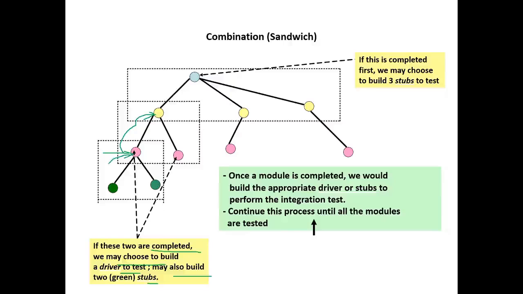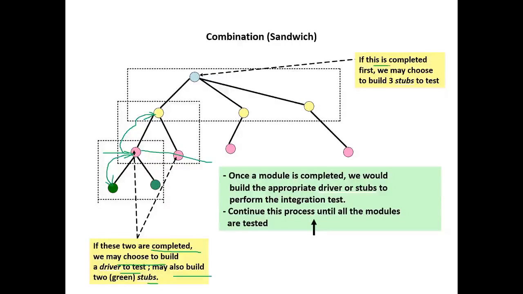It can also use stubs for downstream connectivity. So if these middle modules are ready for testing, it can use either drivers for upstream connectivity, or stubs for downstream connectivity integration testing.